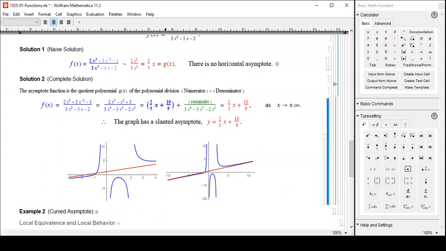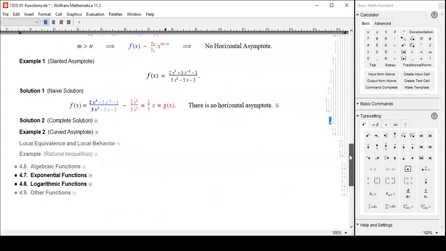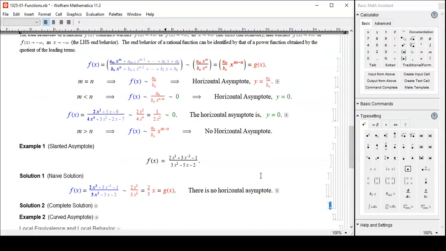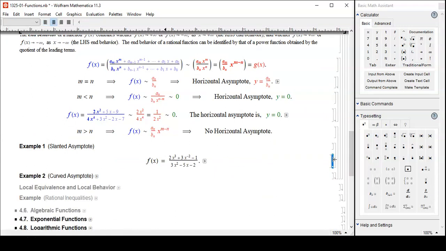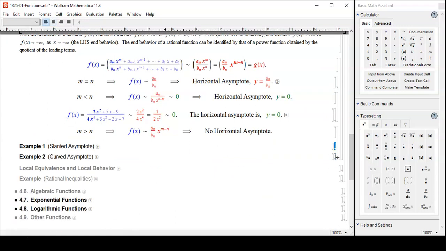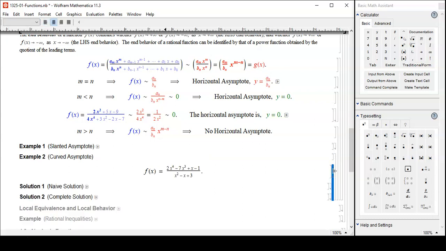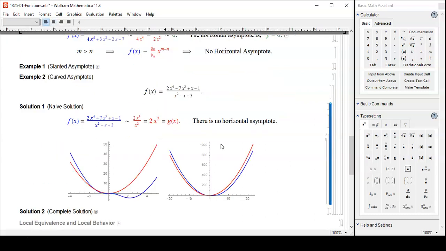This kind of computation is not something we are interested in for this course. The asymptotic equivalence, that one is. Here's another example, this time a curved asymptote example. If you simply take the leading terms, and simplify, we have 2x squared, a quadratic function, and compare those. In small x values, they're different.